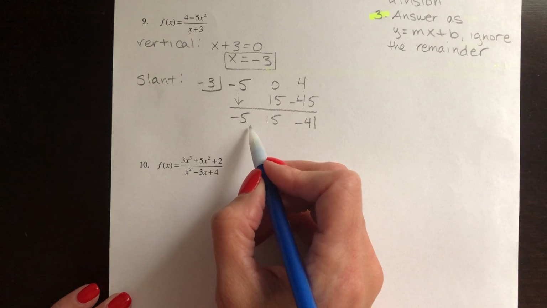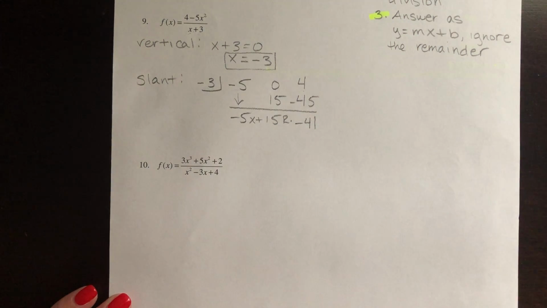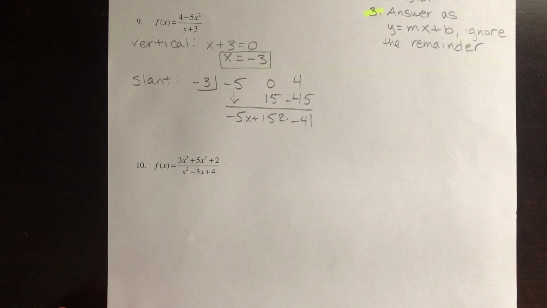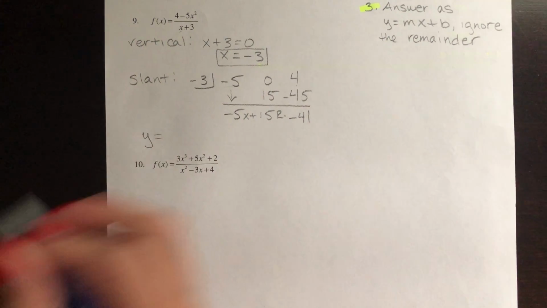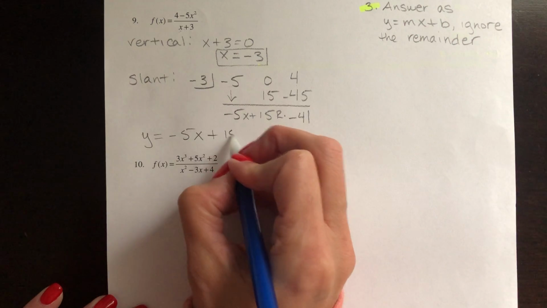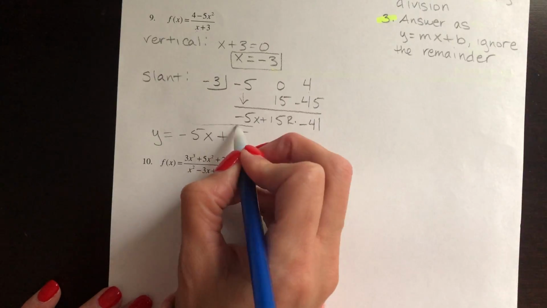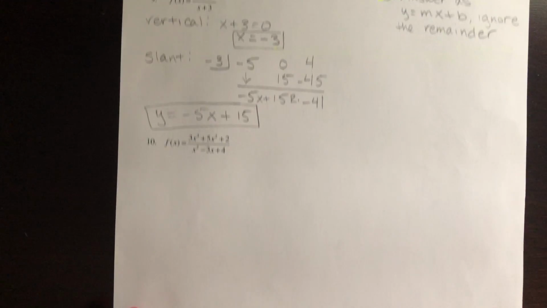So our answer here is we have -5x plus 15 remainder, -41. So we're just going to write it as y equals mx plus b. So y equals -5x plus 15 is your answer. All right, last one.